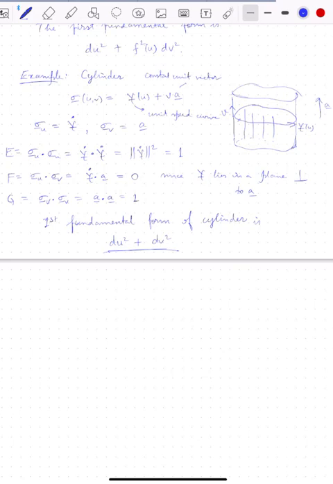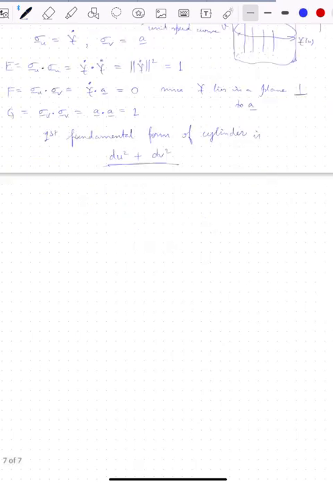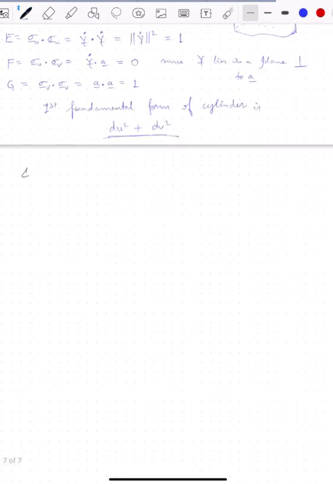Okay. So now we'll begin with what we call the isometries of surfaces, right? So here we'll have lots of definitions.